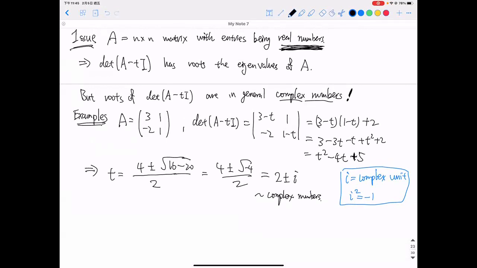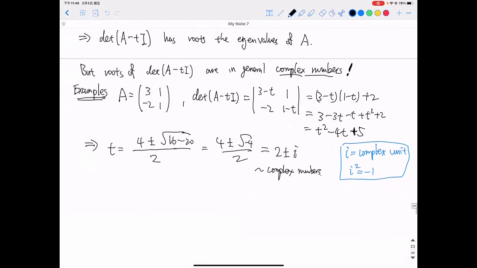Because when your eigenvalues are complex numbers, solving the linear system will require that you manipulate complex numbers. So let's spend some time on the arithmetic of complex numbers.